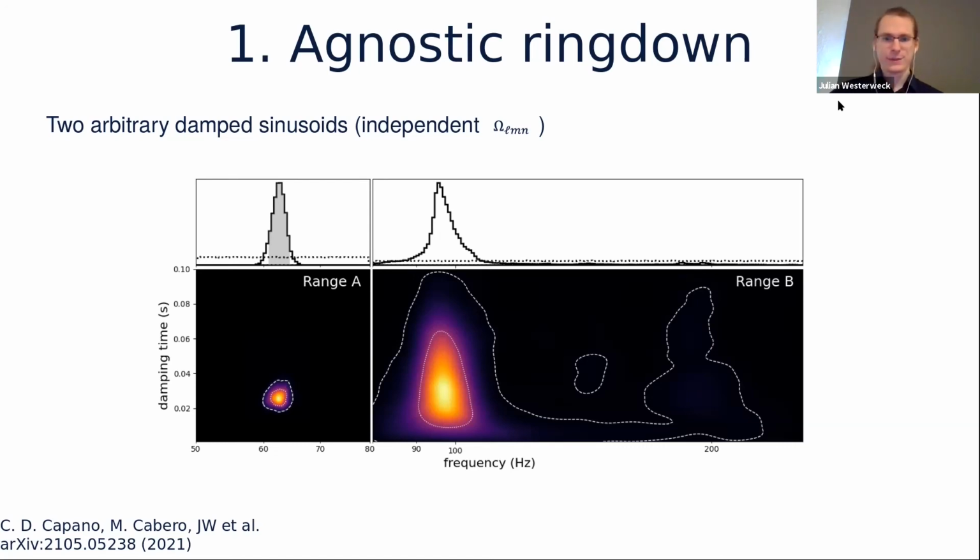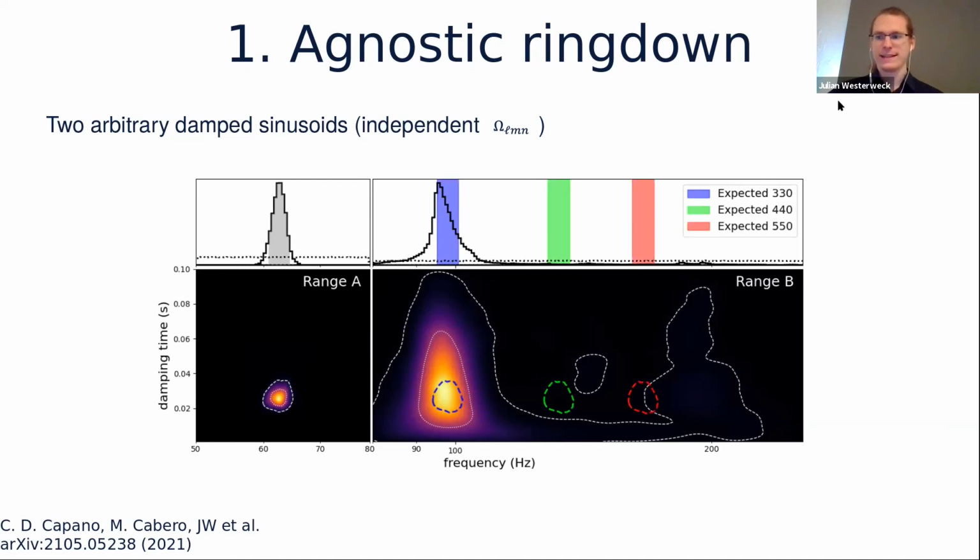And if we do that, we see that indeed this mode in the second frequency range matches very well with the expectation for the 3-3 mode when we assume that the dominant mode is the 2-2. And indeed, that also matches our expectation of the 3-3 mode being the second loudest mode in this case.